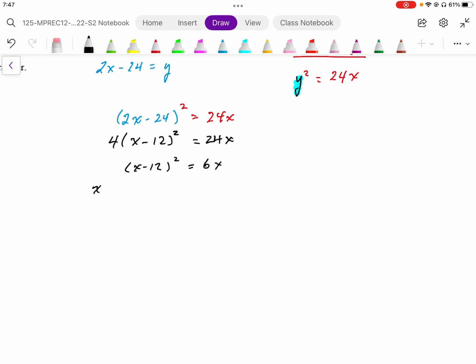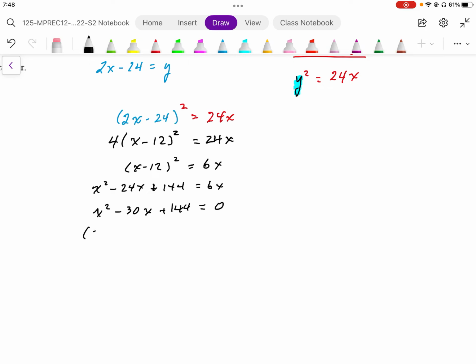I'm going to expand out this side, so x squared minus 24x plus 144 equals 6x. And then x squared minus 30x plus 144 equals 0. I'm going to subtract 6x from both sides to make the equation equal to 0 since it's a quadratic equation.